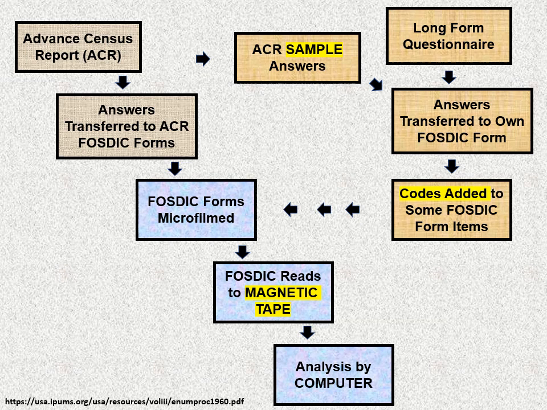After that was done, codes were added to some of those items. And then that book was microfilmed, and transferred into magnetic tape, and then it was analyzed by computer. So there was a lot of coding going on in the sampling.